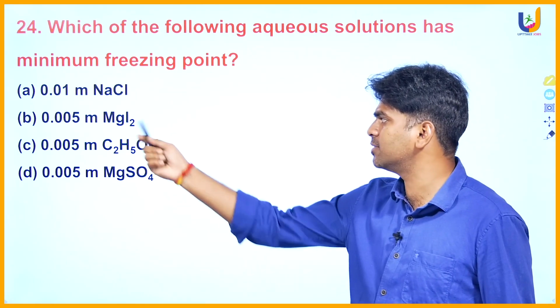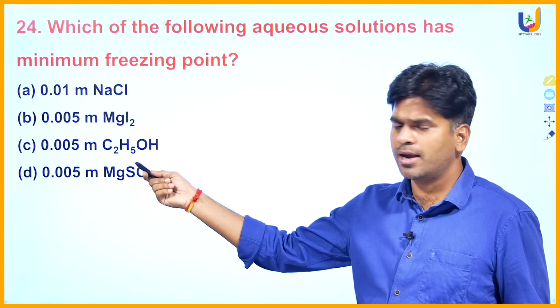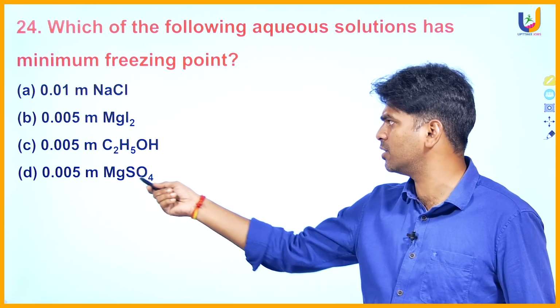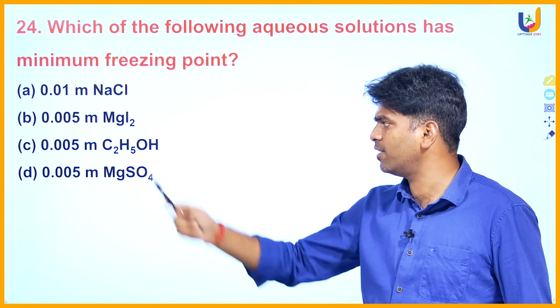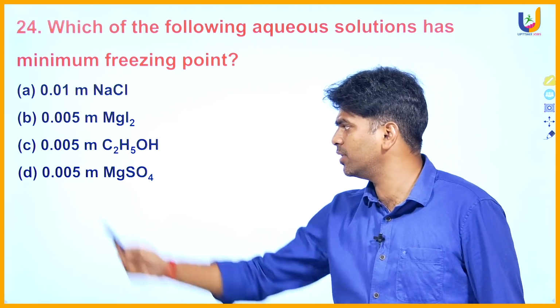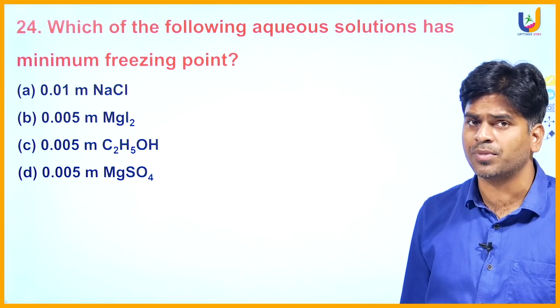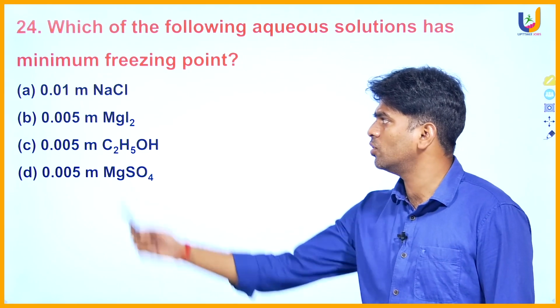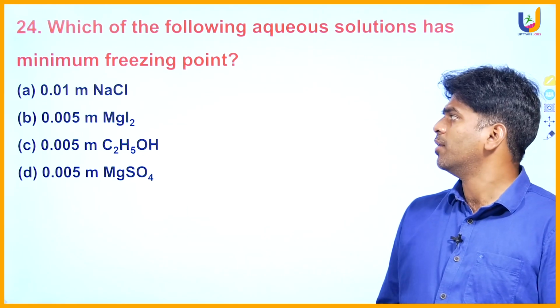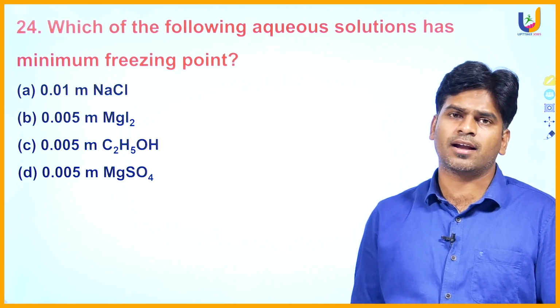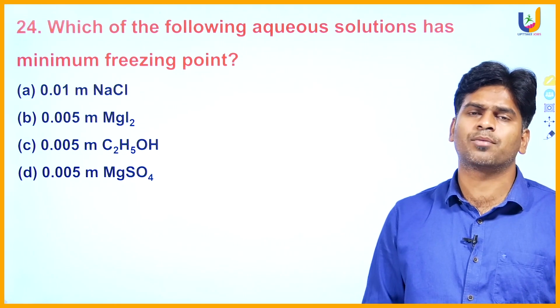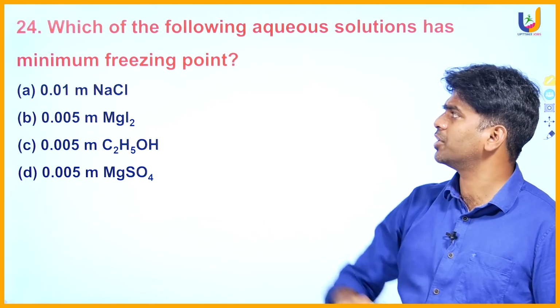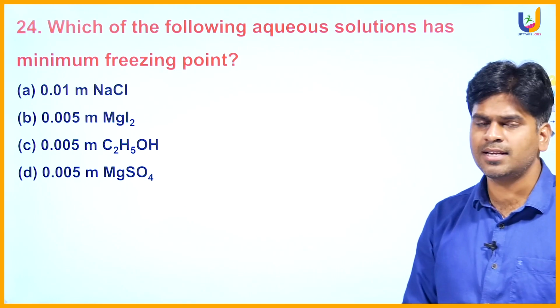And here, how many ions? 3, and there is a non-electrolyte. Here we also get 1 sulfate ion and 1 Mg 2 plus ion with 0.005, so the molality is somewhat more. So here 0.01 has the minimum molality and Van't Hoff factor, because 2 ions are produced. So with this, option A has the minimum freezing point.